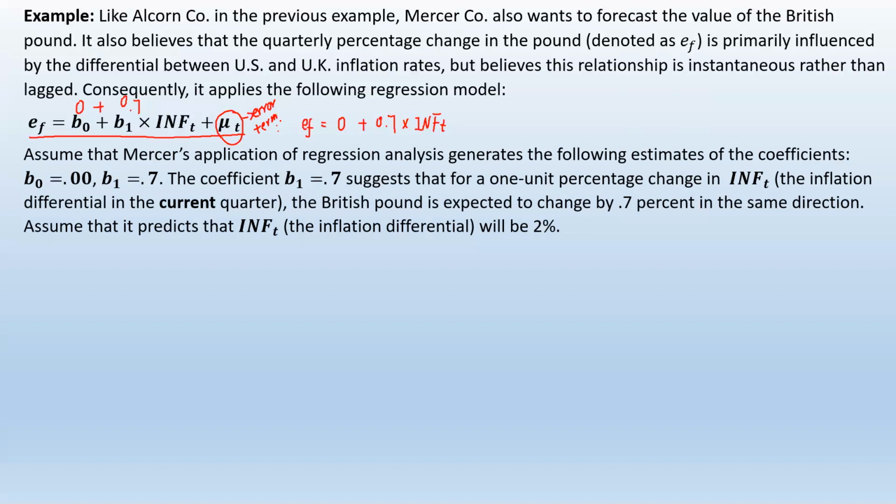So assume that it predicts the inflation differential is 2% for the current quarter, then we can plug those 2% into this model here. We found out that because the inflation differential increased by 2%, the British pound will appreciate against the US dollar by 1.4%.